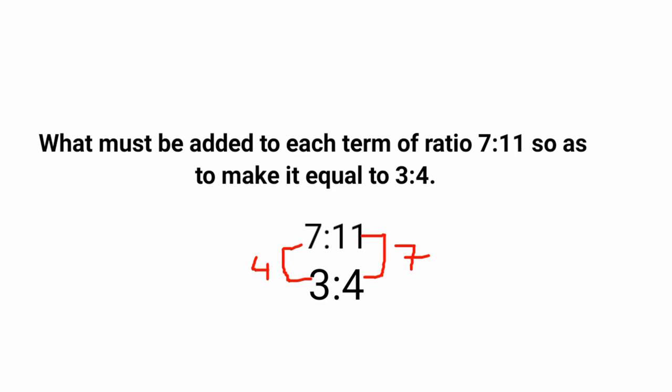So, to make this difference equal, what we have to do? Multiply first ratio with the difference of the second ratio. Difference of the second ratio is 4 minus 3, 1. So, there will be no change. So, the new ratio will be 7:11 itself. Now, the second ratio is 3:4. We have to multiply this ratio with the difference of the first ratio. That is 11 minus 7, 4.